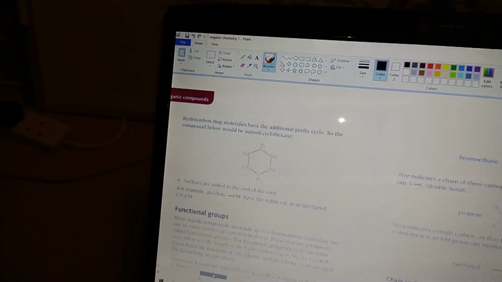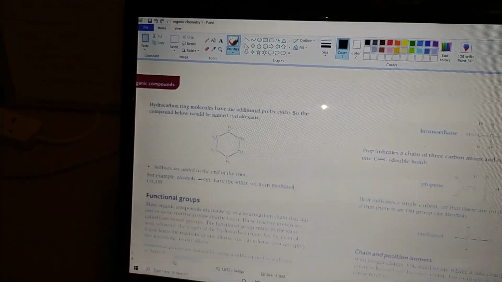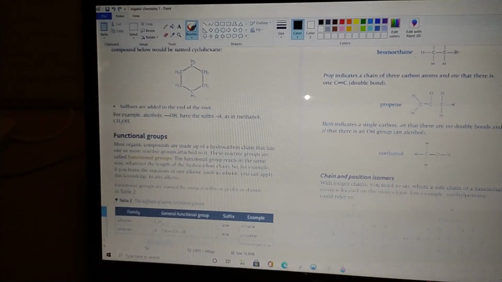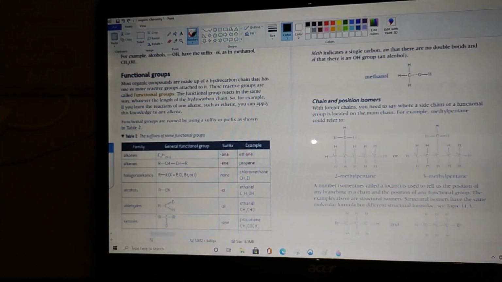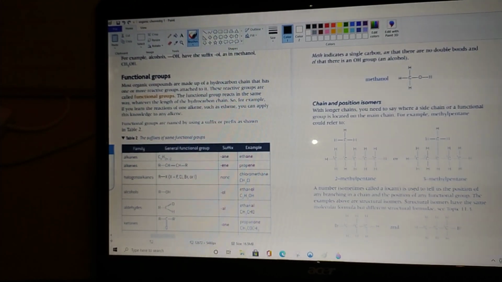Then we come to the discussion of functional groups, which you can observe now.